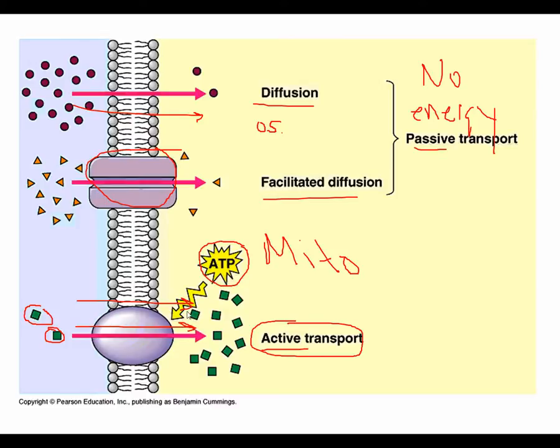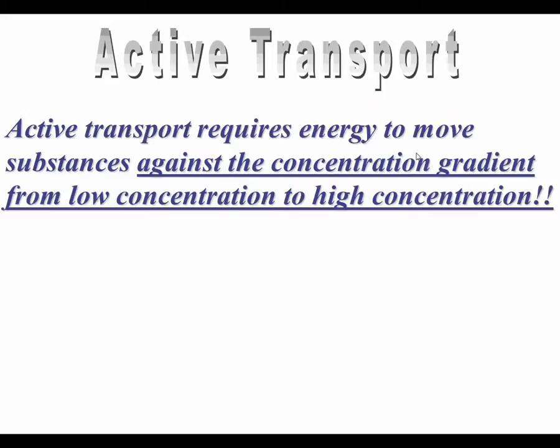I always use the example that this one up here in passive transport is like swimming downstream. You don't need a whole lot of energy, it's just floating down. But when we're talking about active transport, if you ever tried to swim upstream or against the current, it requires a lot of energy. That's what active transport is.